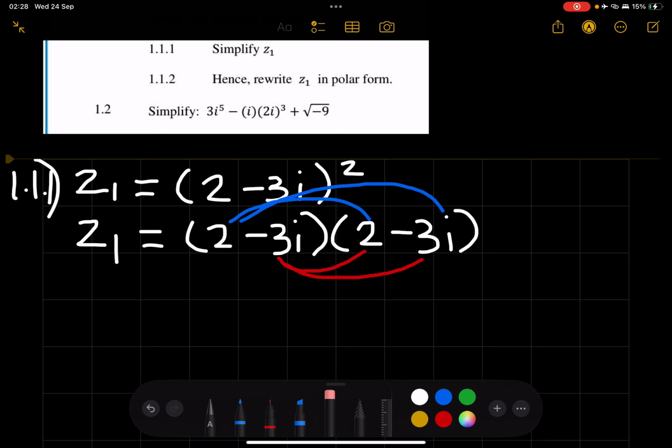So we can see that 2 times 2 would be 4. 2 times negative 3i is negative 6i.